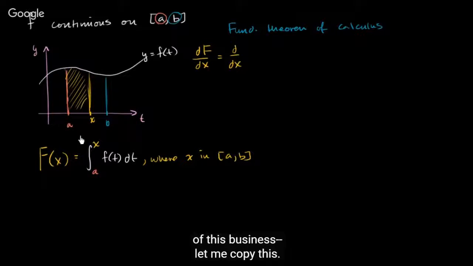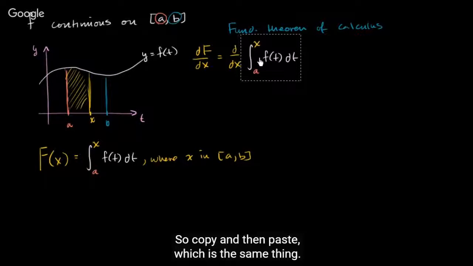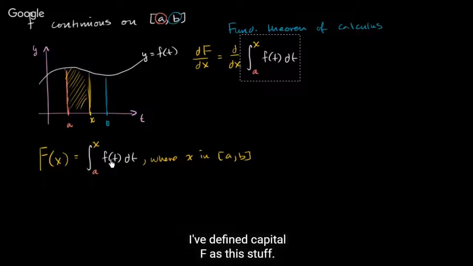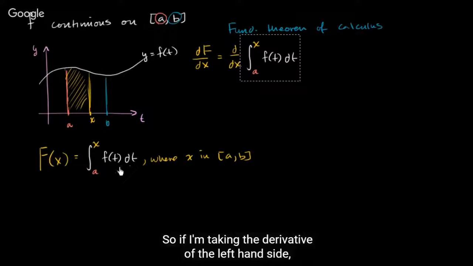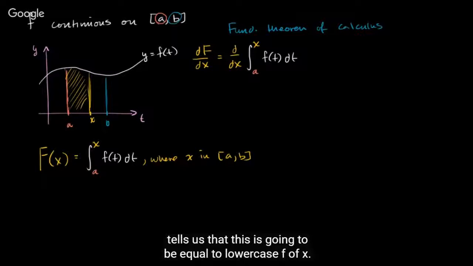Let me copy and then paste. I've defined capital F as this stuff, so if I'm taking the derivative of the left-hand side, that's the same thing as taking the derivative of the right-hand side. The fundamental theorem of calculus tells us that this is going to be equal to lowercase f of x.